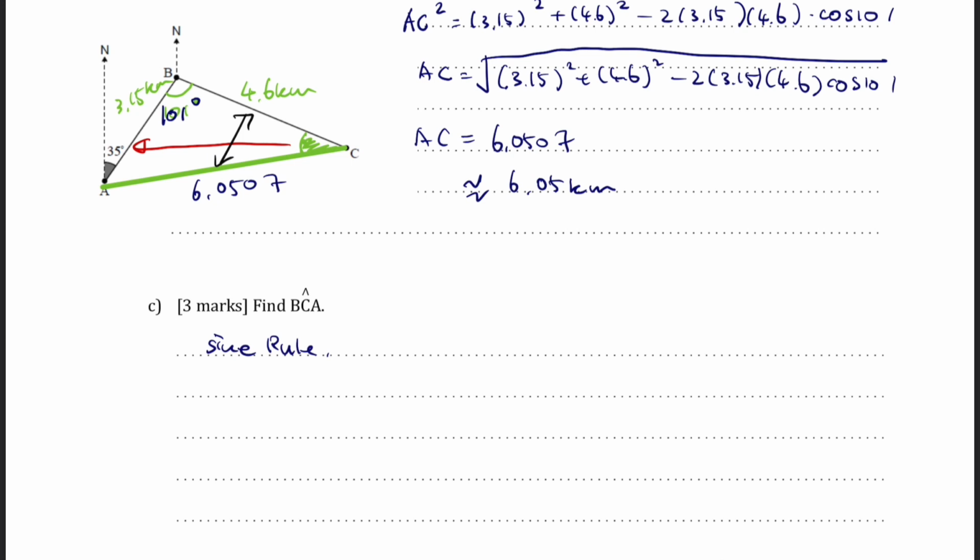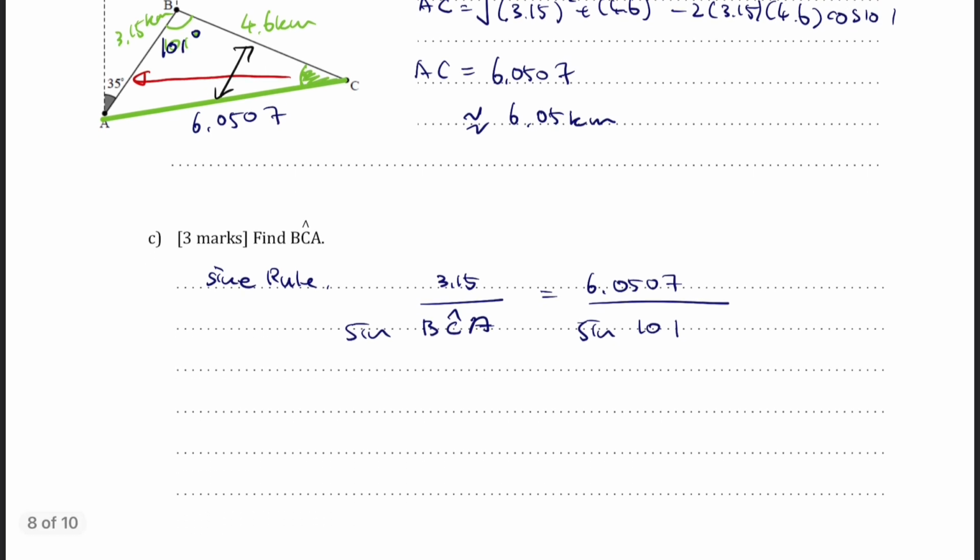So we're going to do 3.15 over sine BCA equals 6.0507 over sine 101. Again, you need to use every single digit, right? You cannot use the number that's been rounded up or rounded down.